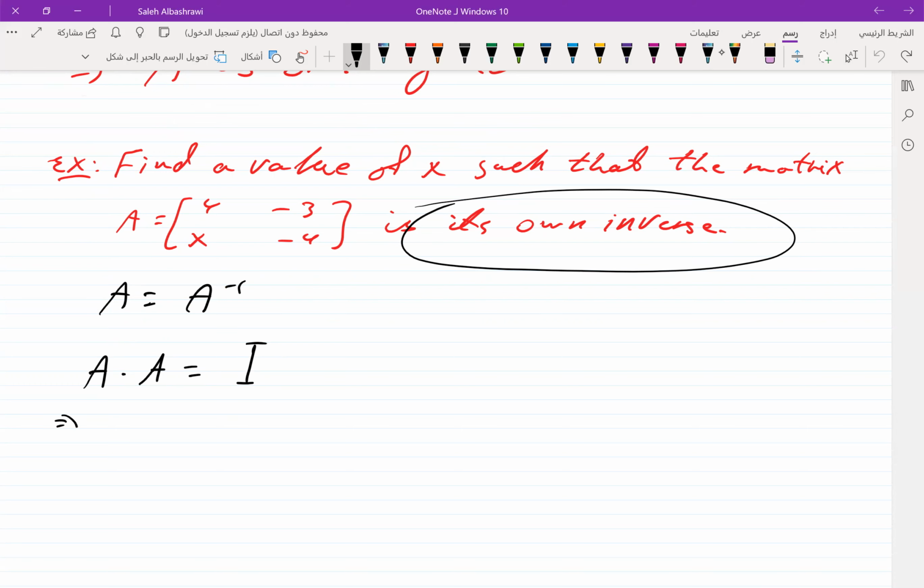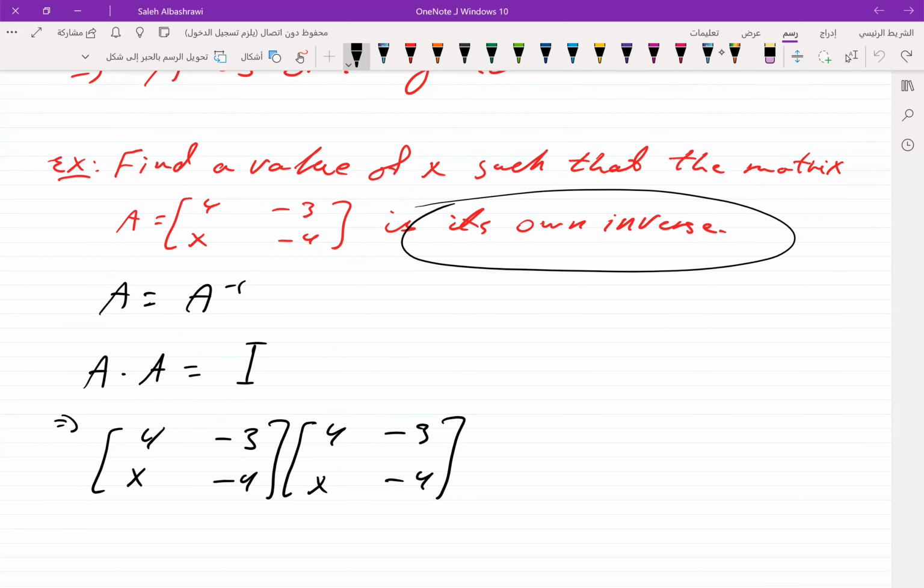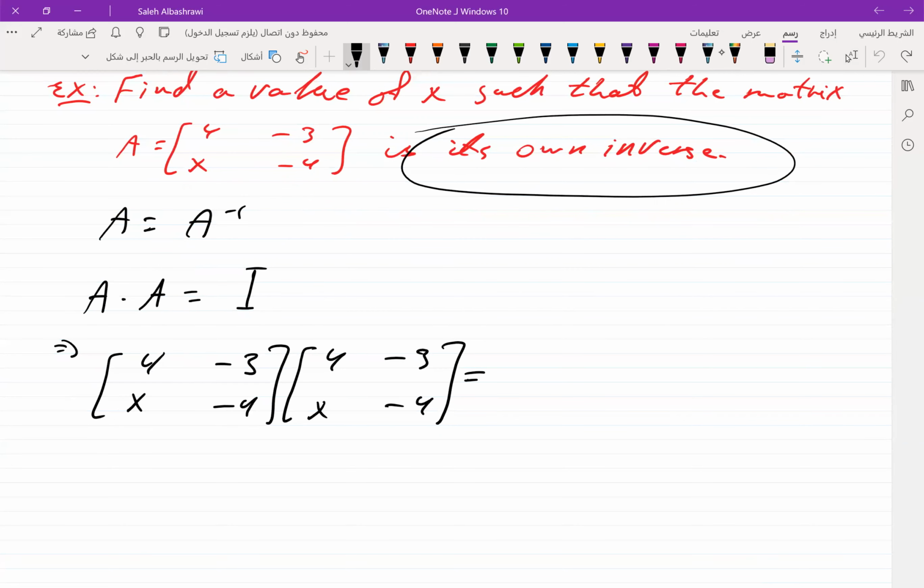So we have 4, minus 3, x, minus 4 multiplied by 4, minus 3, x, minus 4, which is equal to 16 minus 3x, row times column, and minus 12 plus 12.